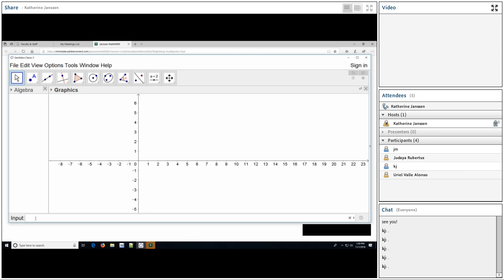So n is going to be y equals negative 0.00006x cubed, use your caret symbol, plus 0.006 times x squared, use your caret symbol, minus 0.1 times x plus 1.7.